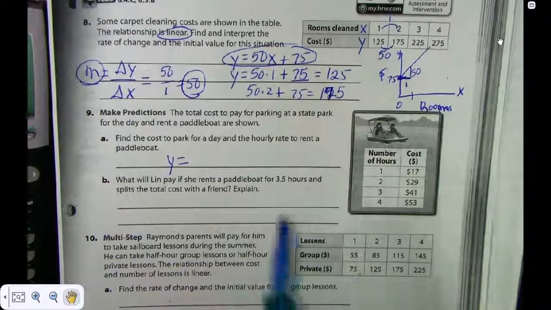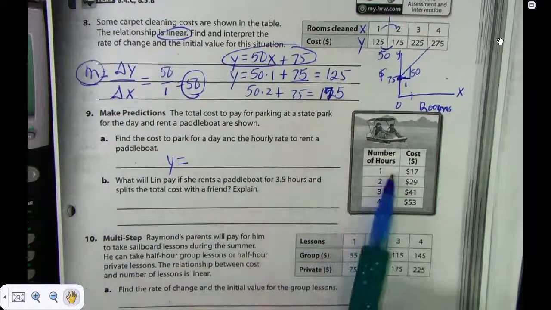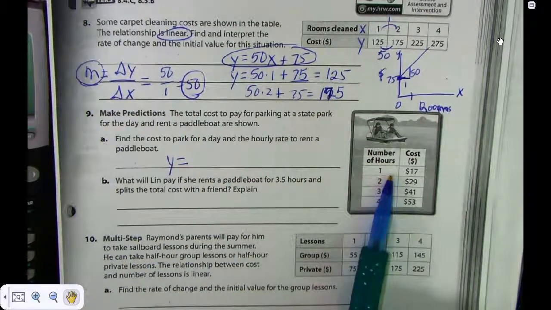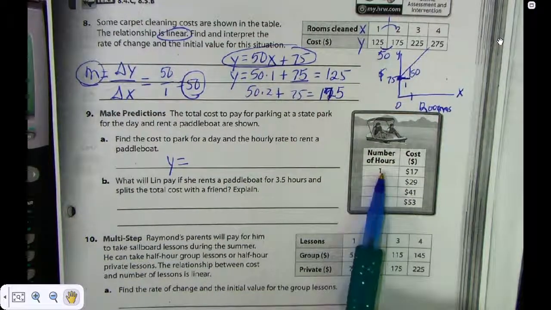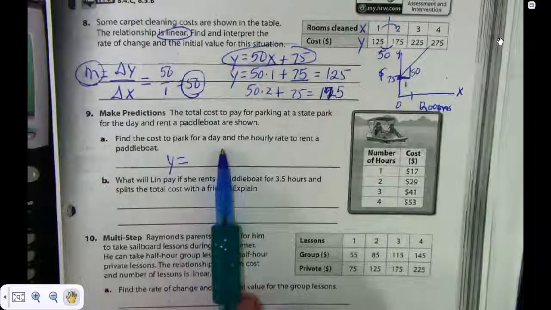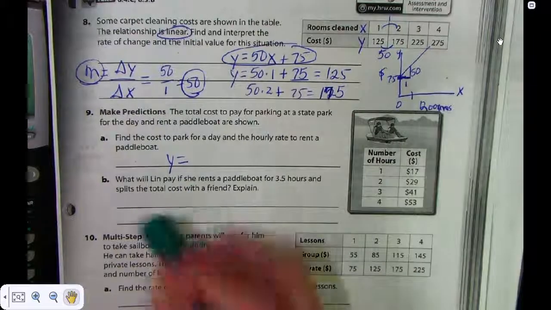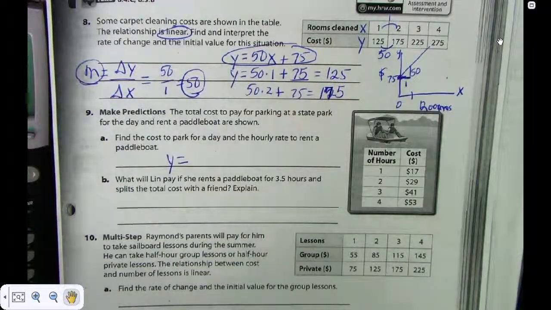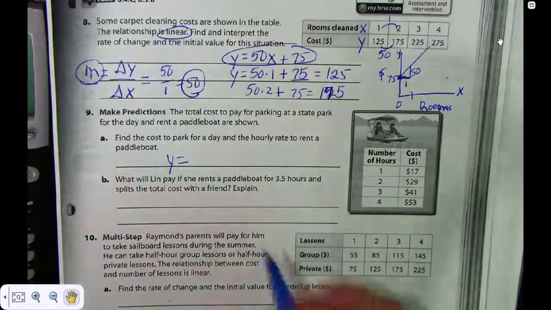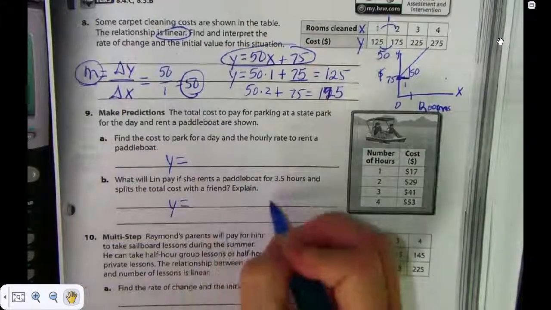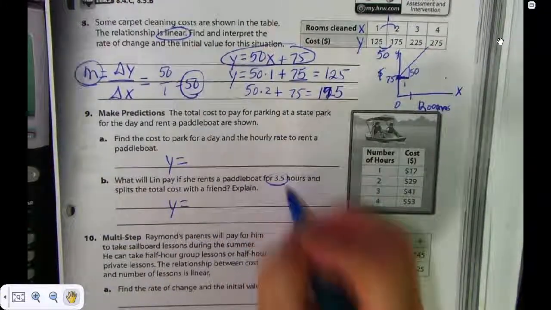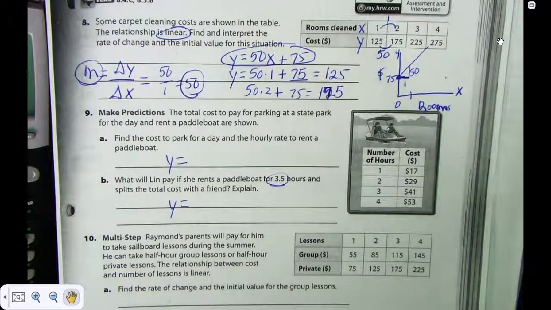So you've got to figure out what you're going to pay per hour, the cost per hour, and then the parking. You're going to write the equation, and then you're going to answer B with that equation. So on B, look guys, after you get your equation on A, you'll use that equation and fill in to find the salary. Go, your seat partner.